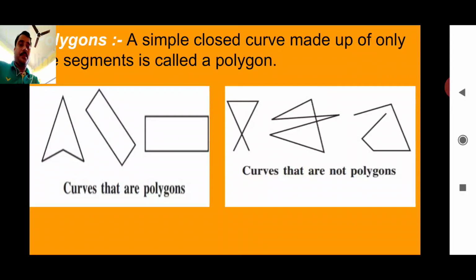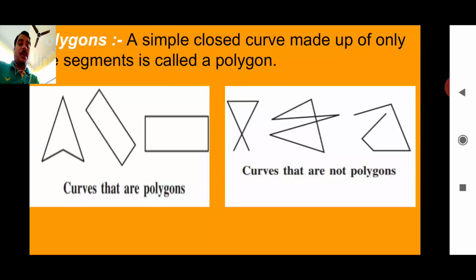Next, what is a polygon? A simple closed curve made up of only line segments is called a polygon. First, it must be simple and then a closed curve, made up only of line segments; it is called a polygon.